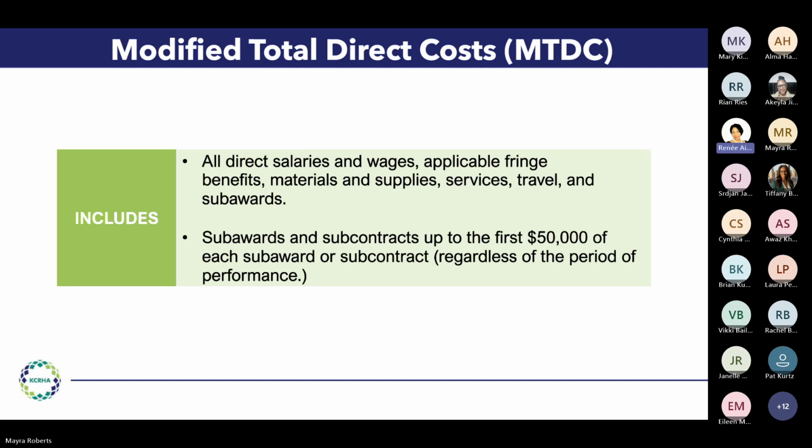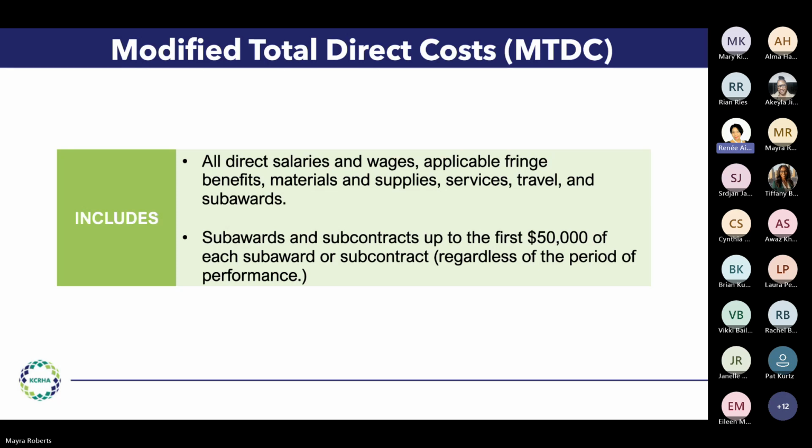Modified total direct costs. So we know that under the 15% de minimis, you're applying that percentage to a modified total direct cost. That's when we're talking about those exclusions, right? So your modified total direct cost includes all direct salaries and wages, applicable fringe benefits, materials and supplies, services, travel, and subawards.